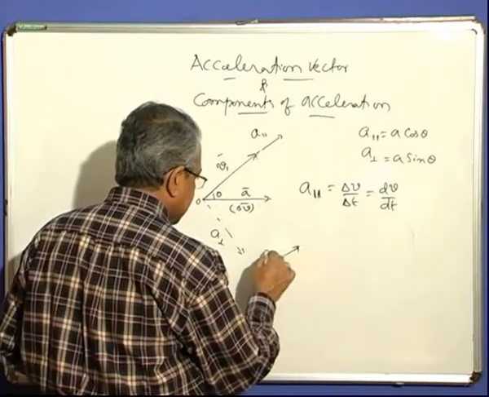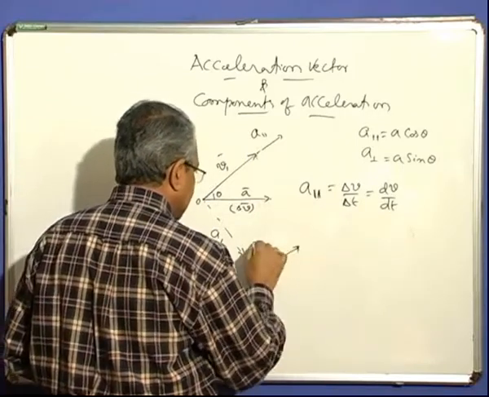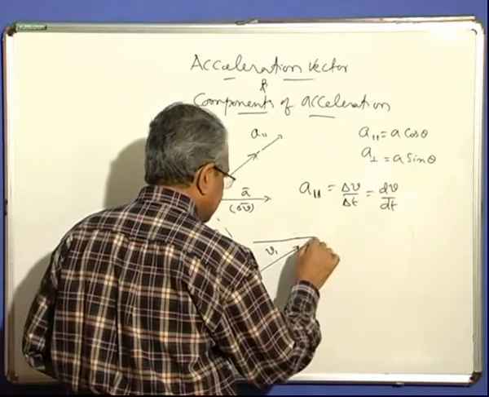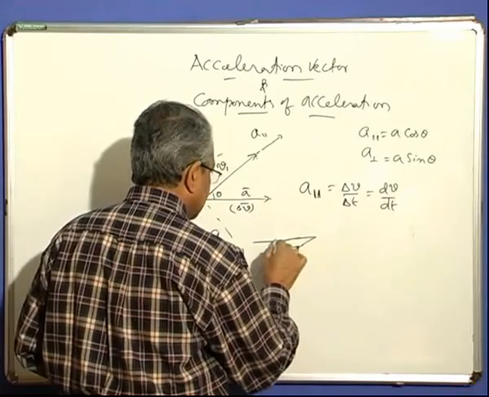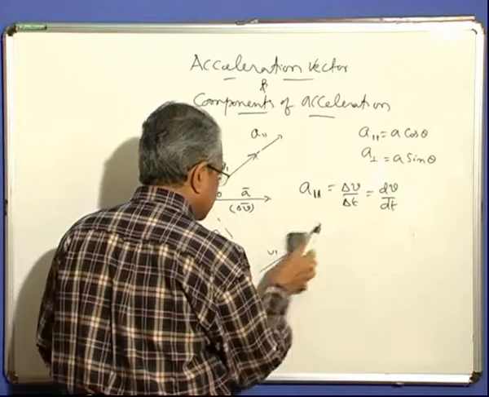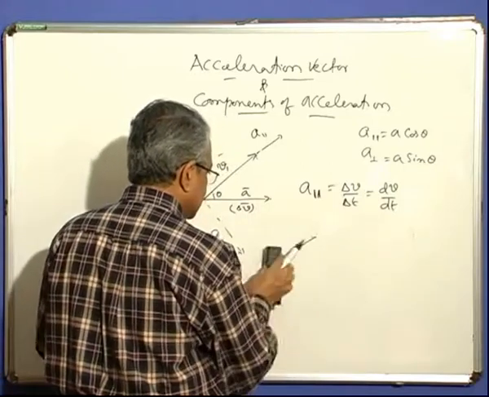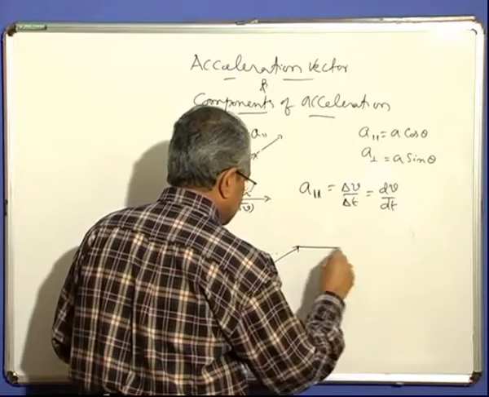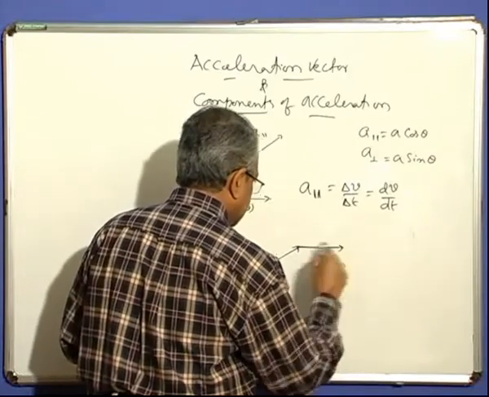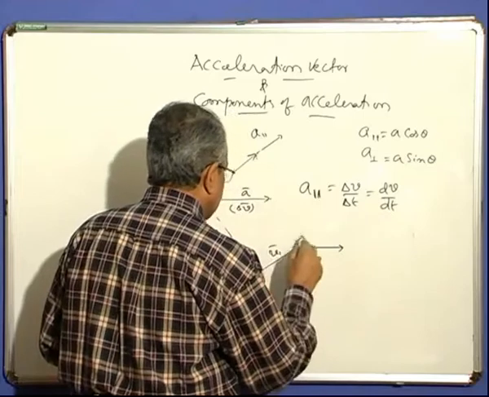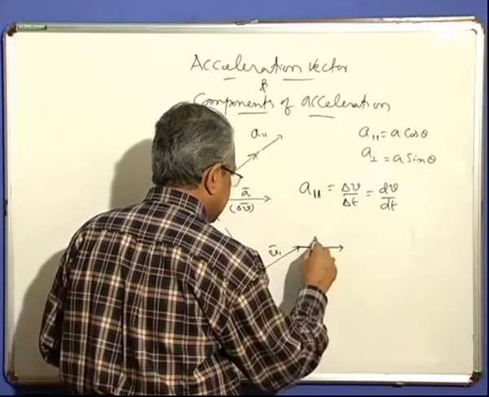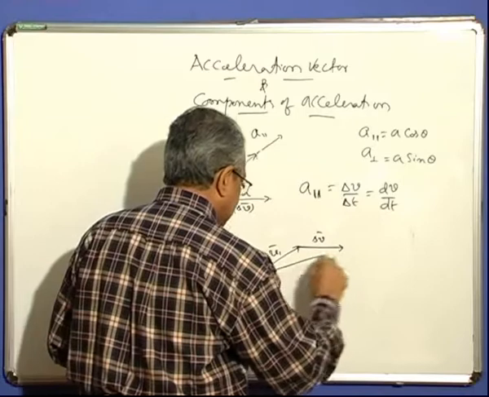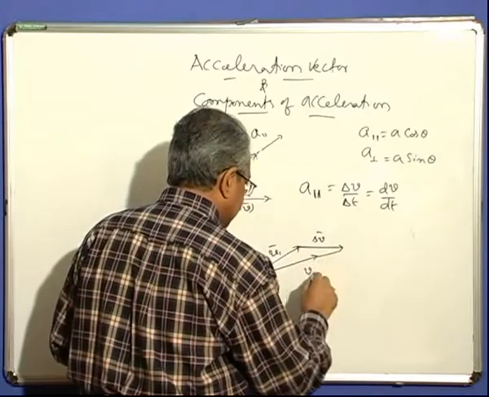The velocity is initially like this, V1. The change in velocity is in this direction. This is V1, this is the acceleration, the change in velocity, delta V. So this happens to be the final velocity.